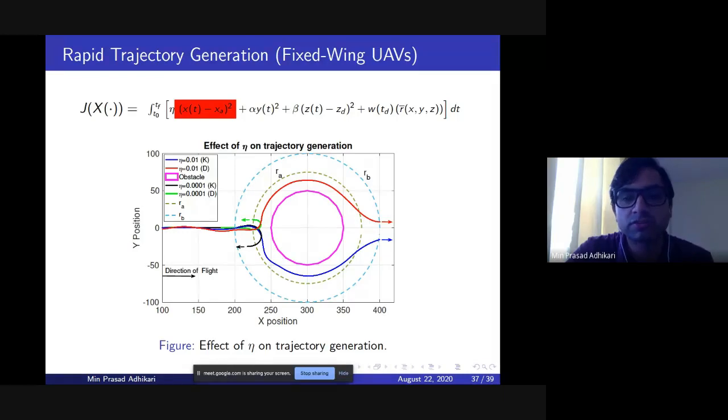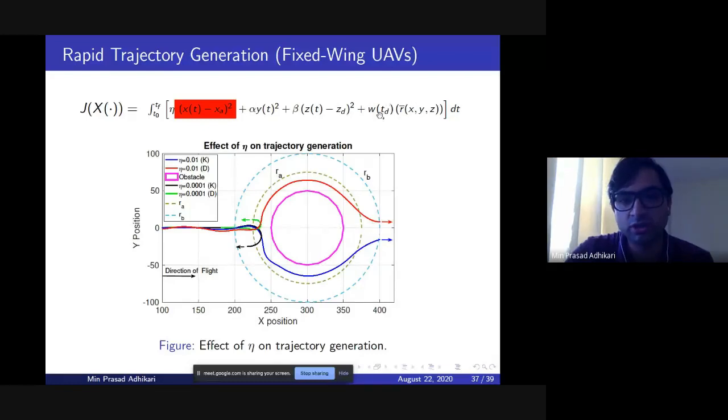When you are near the obstacles, you want to prioritize obstacle avoidance. And when you are done avoiding obstacles, you want to prioritize remaining close to the reference path and progressing ahead. So usually, when you are at really far away points, a small value of eta can play a significant role in progressing the UAV ahead in the direction of flight.